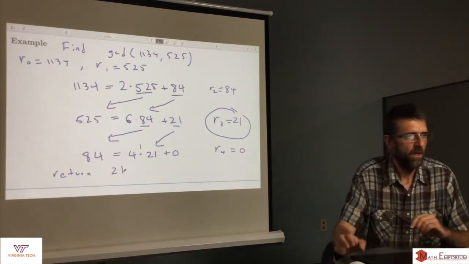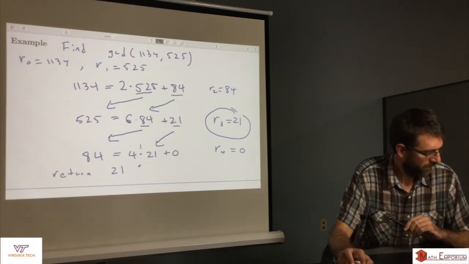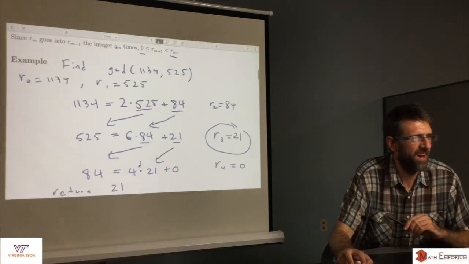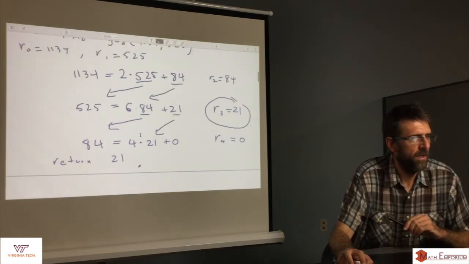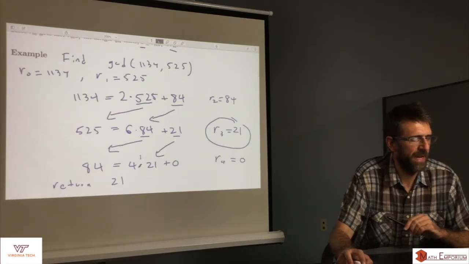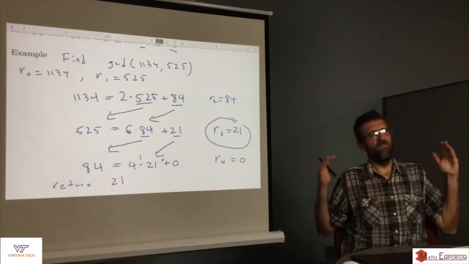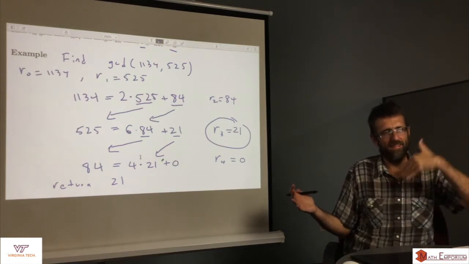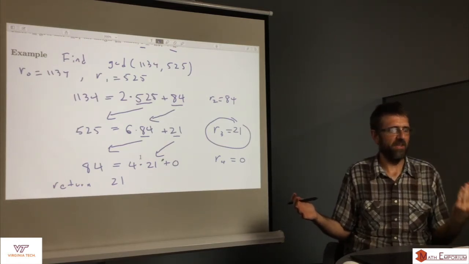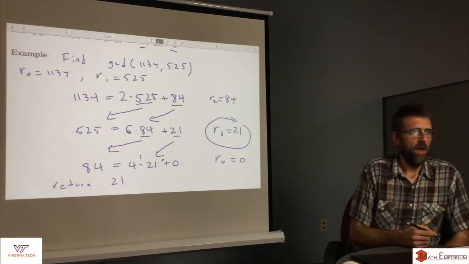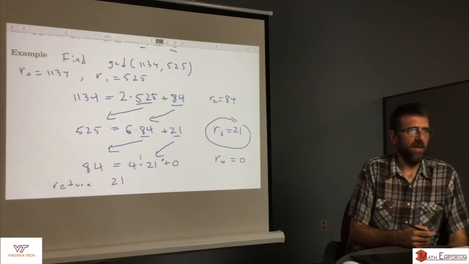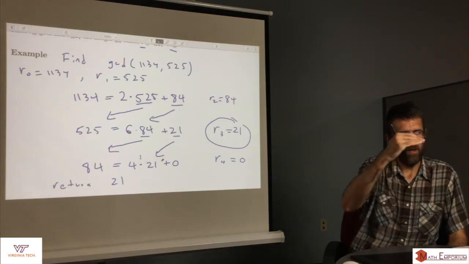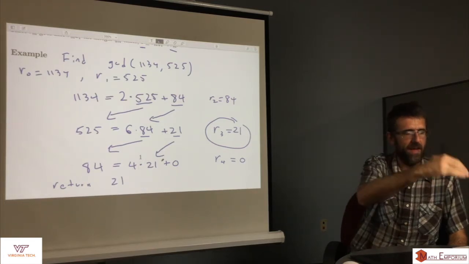Okay. All right. So why does the algorithm work? I'm just going to give a brief explanation. We just did a bunch of division with remainder. How on earth do we know that what we found is actually the GCD? We can run a divisibility argument from the bottom to the top here.